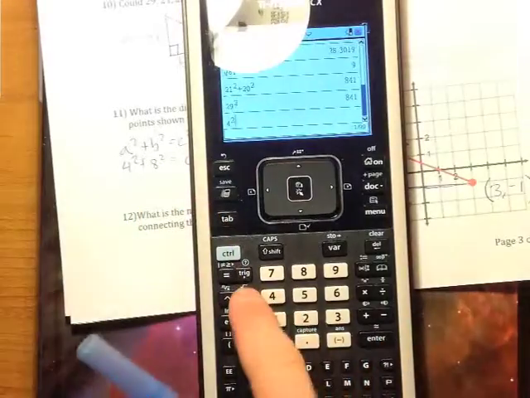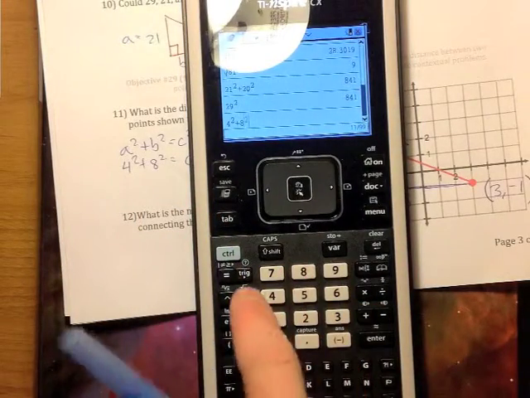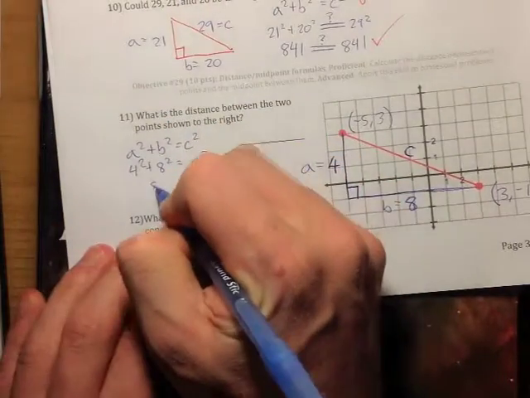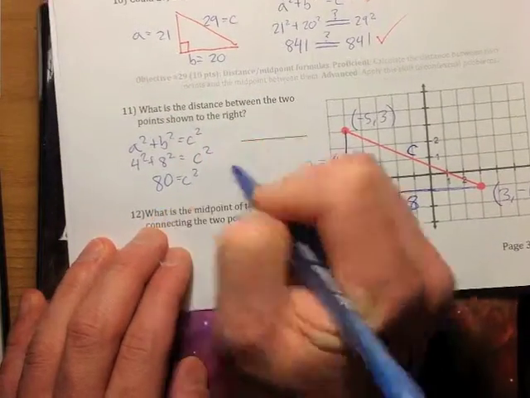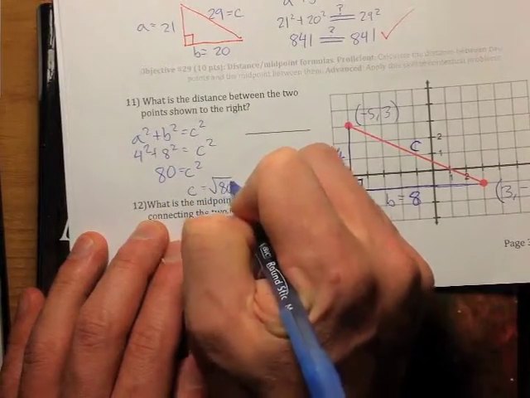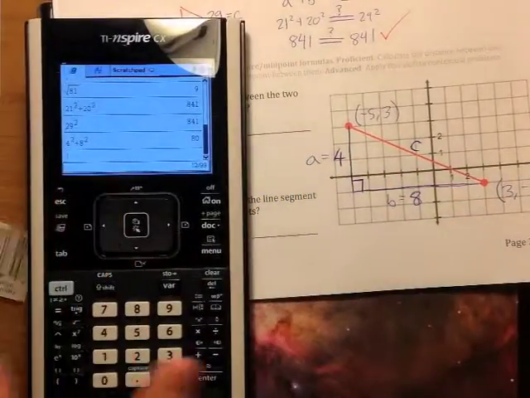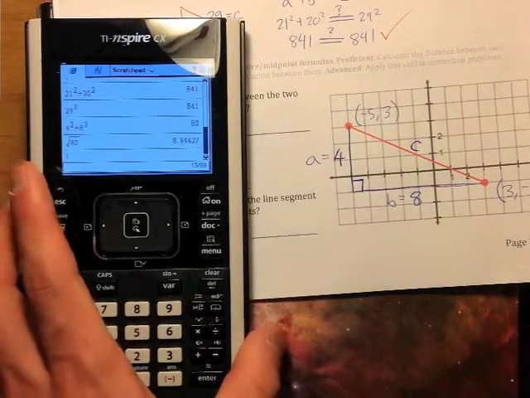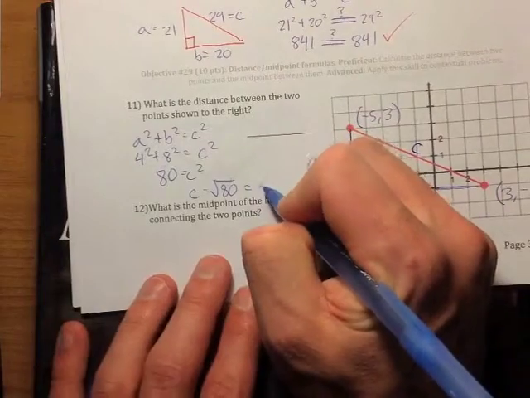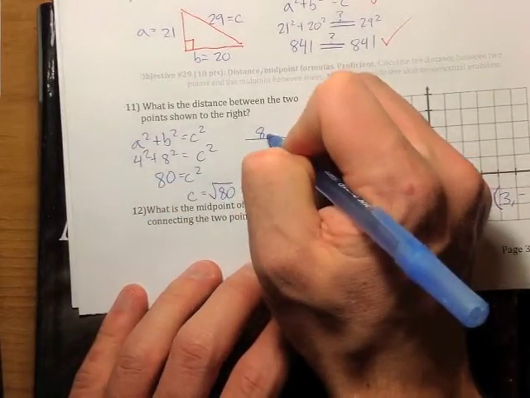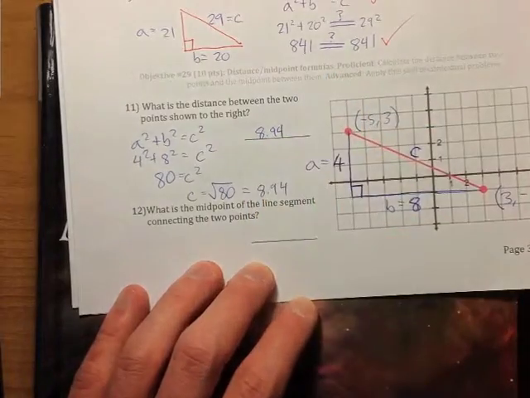Let's see, 4 squared plus 8 squared is going to be 16 plus 64, which is 80. So 80 equals c squared. That must mean that c is equal to the square root of 80, which is 8.94, roughly. Okay, so the distance between these 2 points is about 8.94 units.